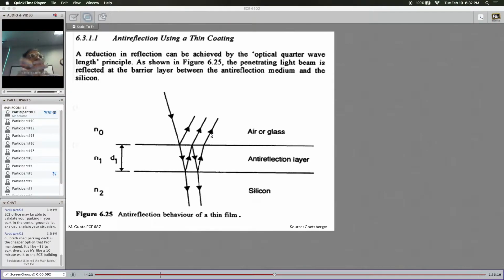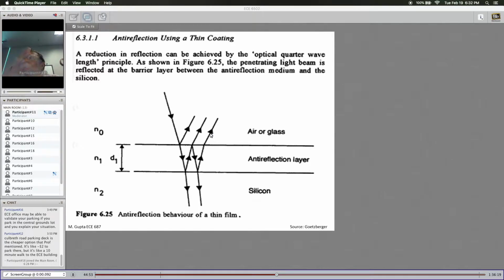In order to achieve no reflection, what's the phase difference you would like to have? The phase difference you want is 180 degrees, because you want to cancel these two reflections.